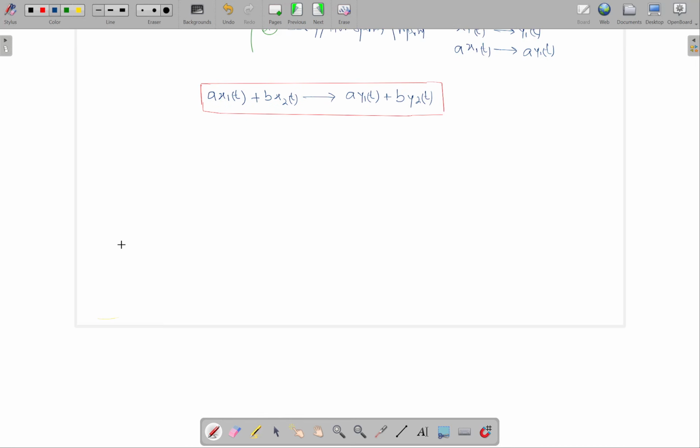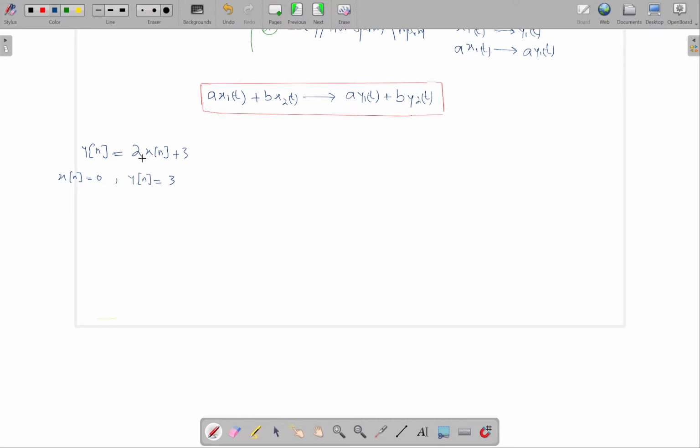Okay, so the first example is, let's say the system is represented by a system equation, which is y of n is equal to 2 times x of n plus 3. Okay, so let's first check the 0 in 0 out property. So if I assume that x of n is equal to 0, then y of n comes out to be 3.